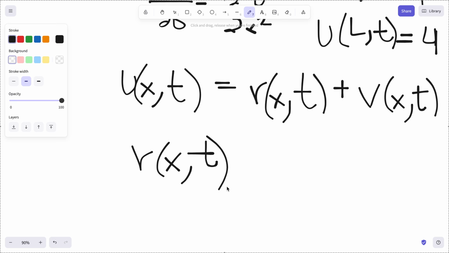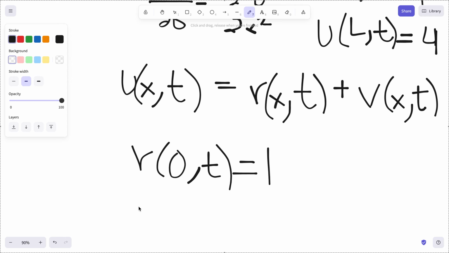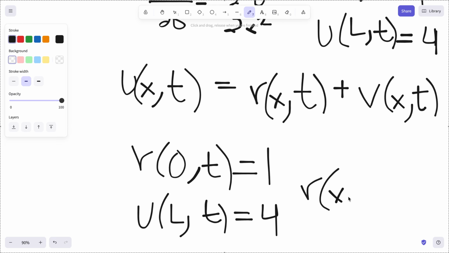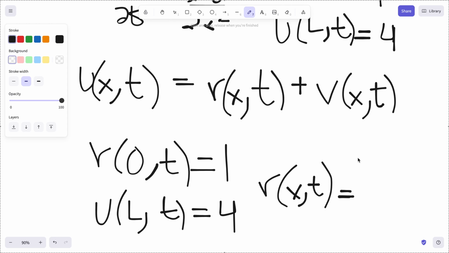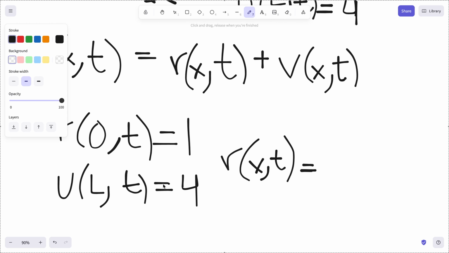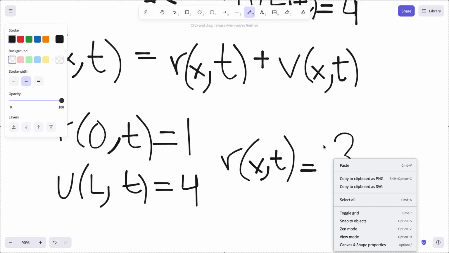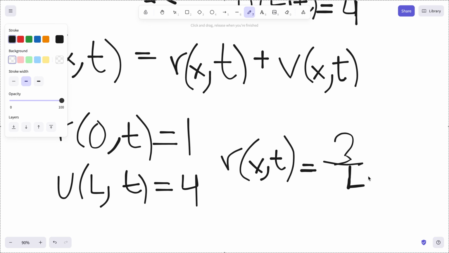So r of 0 comma t equals 1 and r of L comma t equals 4. And then r of x comma t can be as simple a function as we want. So we'll just define it to be a linear function, the steady state for this temperature distribution, which is 3 over L times x plus 1.